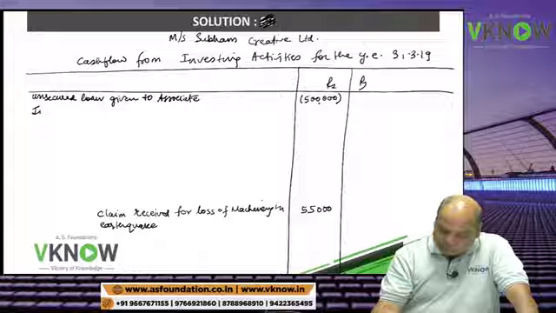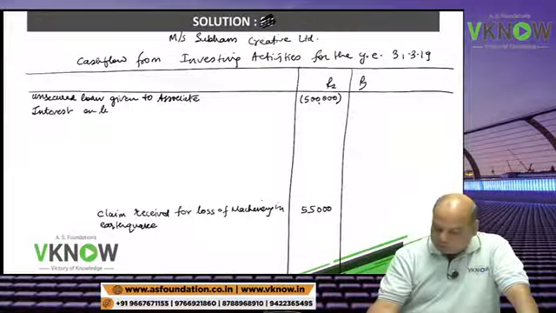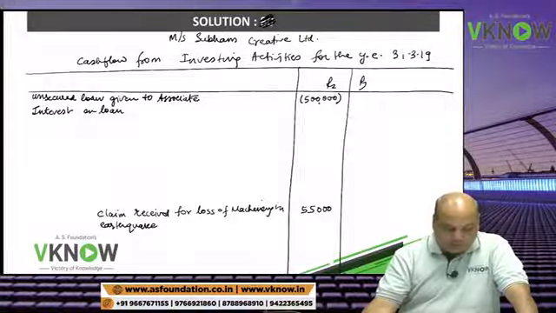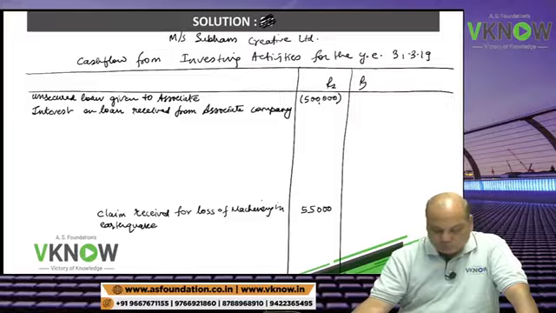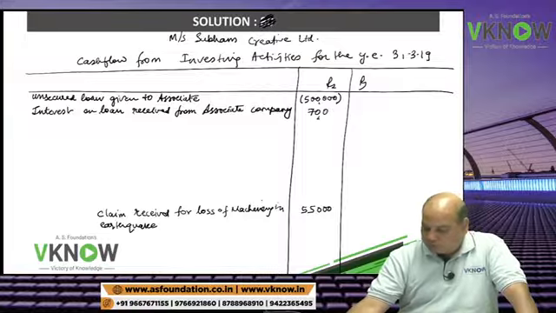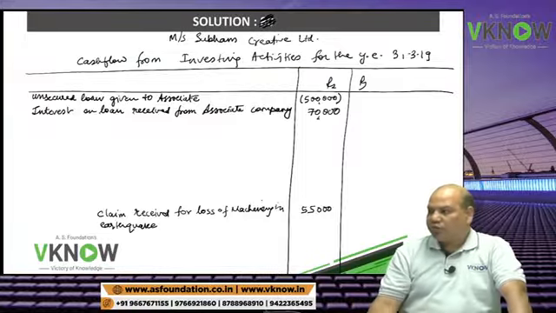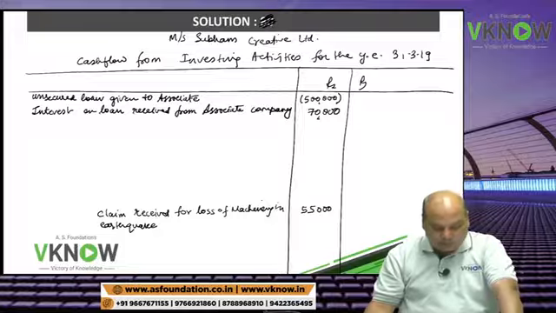Then in the same place, second line, copy the same sentence: interest on loan received from associate company. This will be inflow, 70,000.